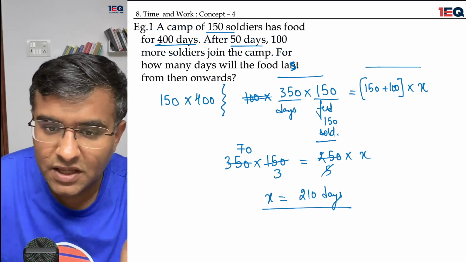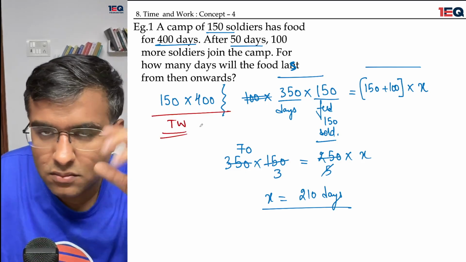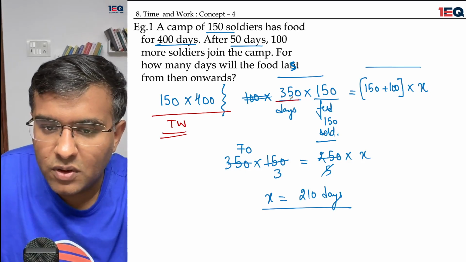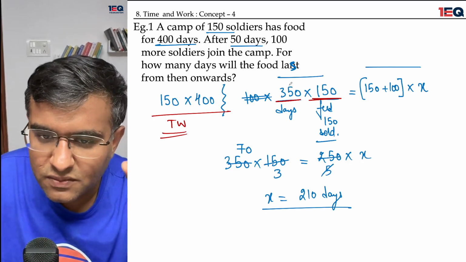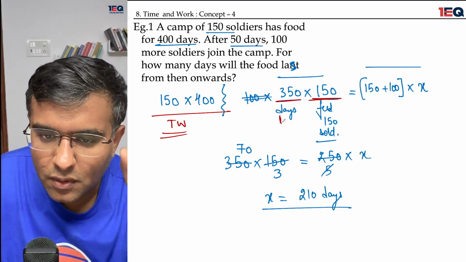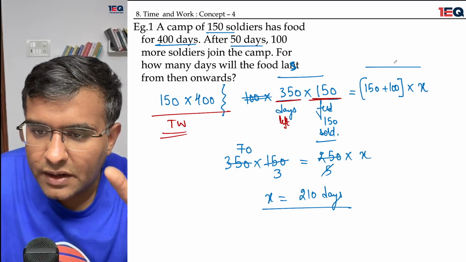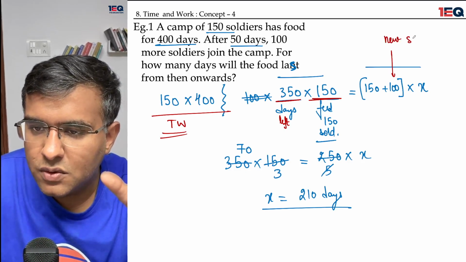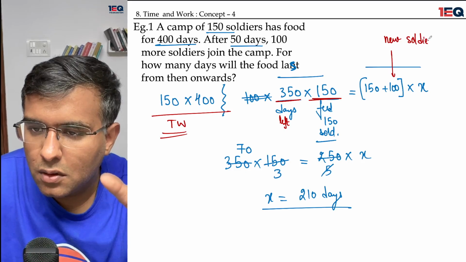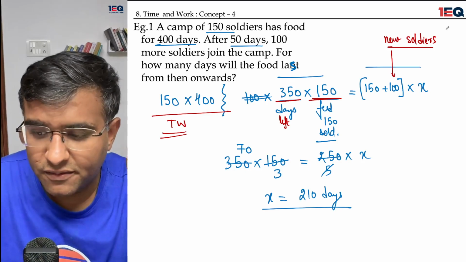We did the same thing here. This was the total work. We did not see much of it. We only focused on 350 days and 150 people. This was the days left and soldiers present. 100 over here were the new soldiers. Good enough. Moving on.